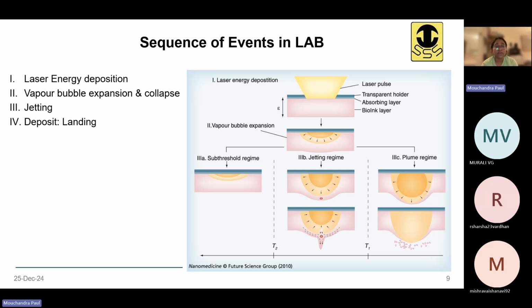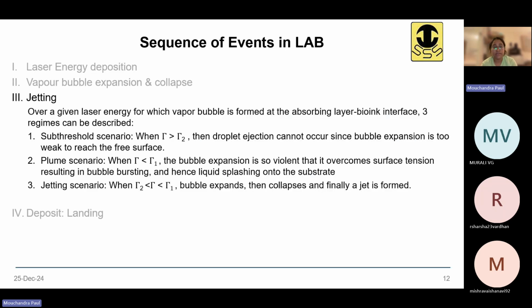If your gamma value is greater than gamma 1, then you will get spraying, and if your gamma value is less than gamma 2, then no droplet will be formed. That is what this diagram is trying to explain. The same thing I have written here as well.